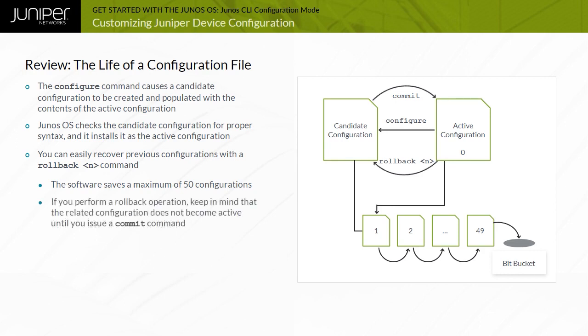If you perform a rollback operation, keep in mind that the related configuration does not become active until you issue a commit command. When you issue a commit command and there are 50 rollback configurations, the software purges the last rollback configuration, rollback 49. The rollback rescue command can be used to return the configuration to a known good state in case of emergency.